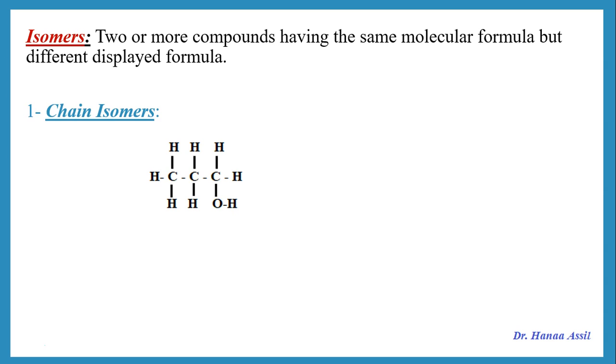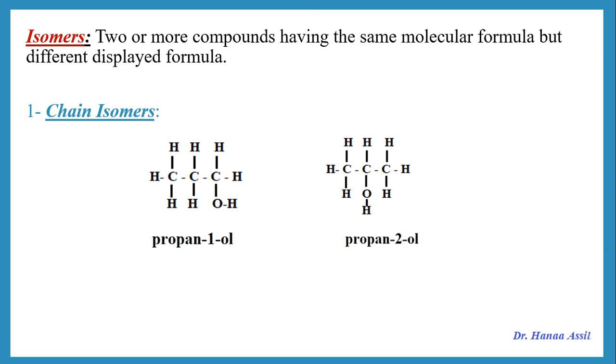For example, what is the name of this compound? This is propan-1-ol, propan-2-ol. Both of them have the same number of carbons, hydrogens and oxygens, but the only difference is the position of the OH. One's on one end, so that's propan-1-ol, and one's in the middle.